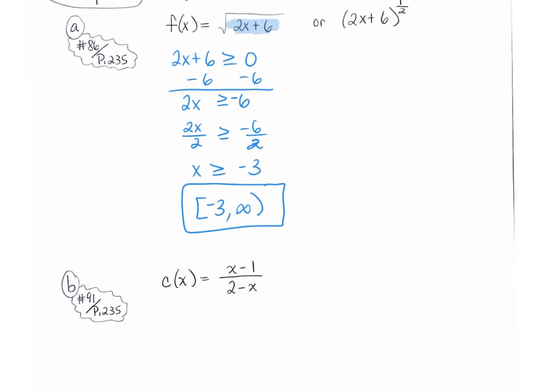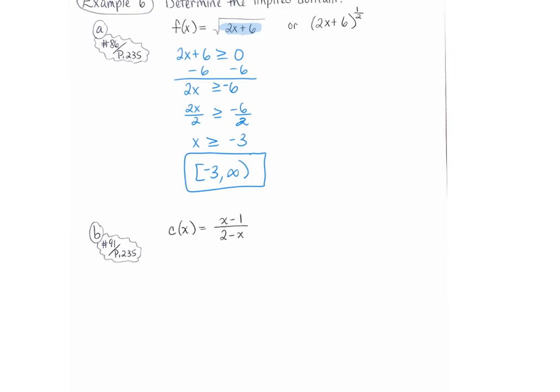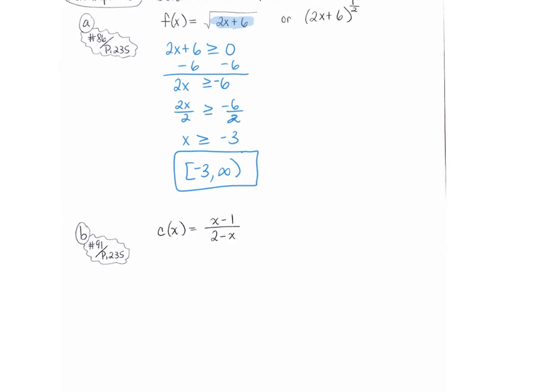Now, part B. We have C of x equals x minus 1 over 2 minus x. Here, to find our implied domain, this is a rational function.